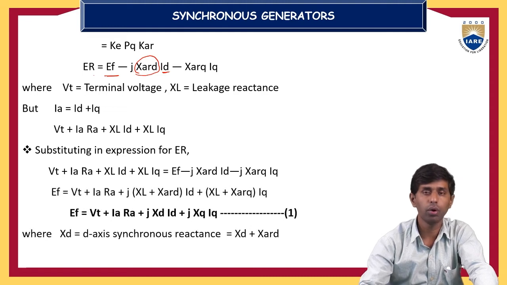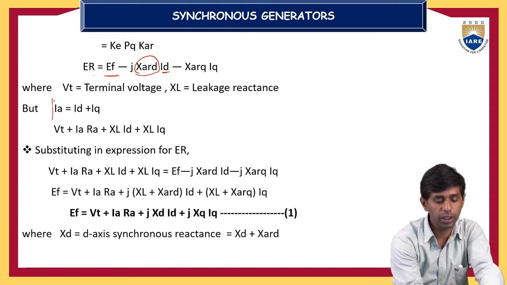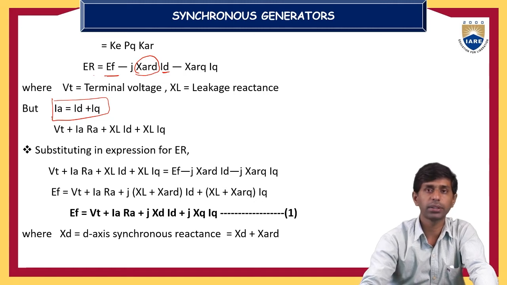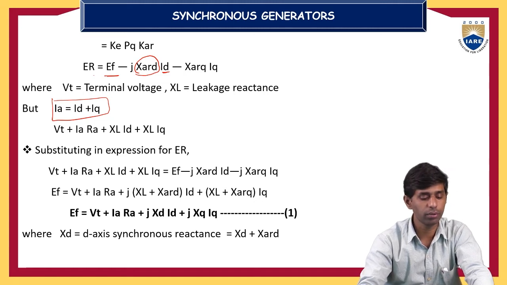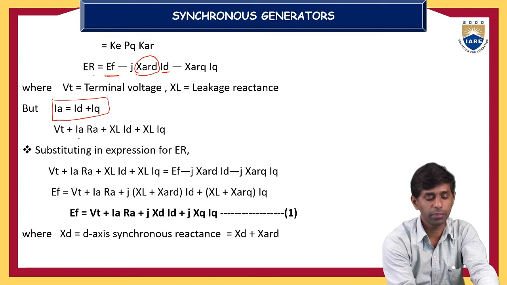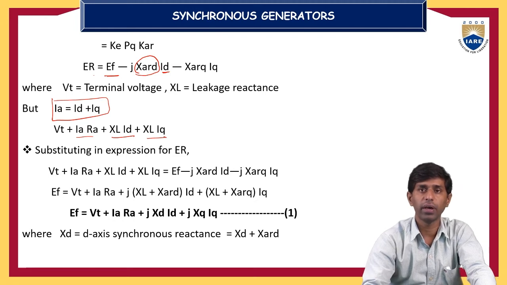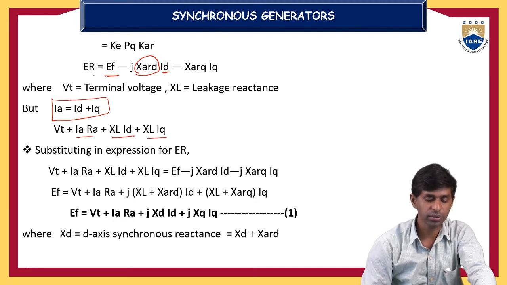Similarly, we know the armature current has a direct axis as well as a quadrature axis component, ID plus IQ. So you can write it as VT plus IA RA plus j XL ID plus j XL IQ, where XL represents the leakage reactance.